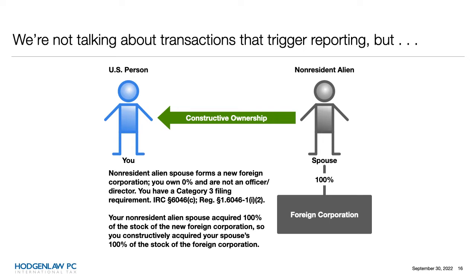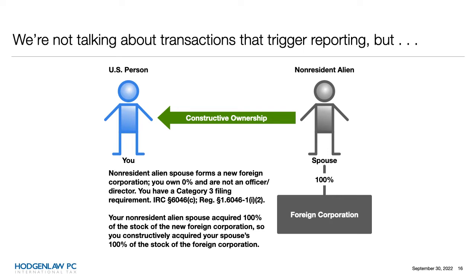So non-resident alien spouse spins up a new corporation, makes a capital contribution, and acquires 100% of the stock of the foreign corporation. The non-resident alien spouse is very careful not to appoint the U.S. citizen spouse as an officer or director of the foreign corporation, and U.S. citizen spouse is happy about that.